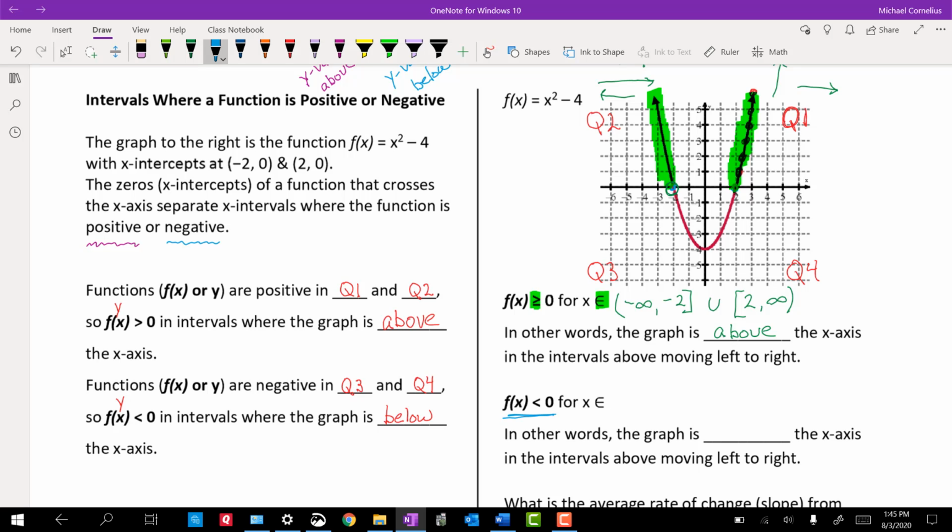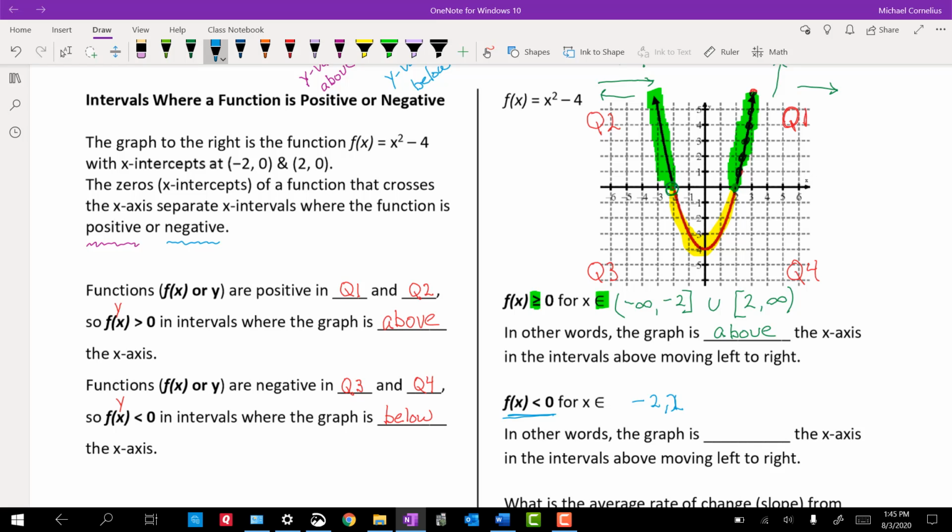So where am I below? So I'm going to go back and highlight everything that's below. You'll notice this one didn't say equal, so this time we're not going to include those. So basically I need the domain of just that yellow piece, left to right. Left side is -2, right side is +2.